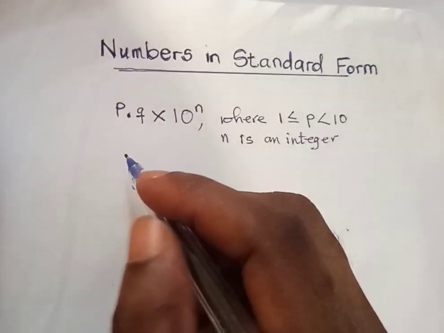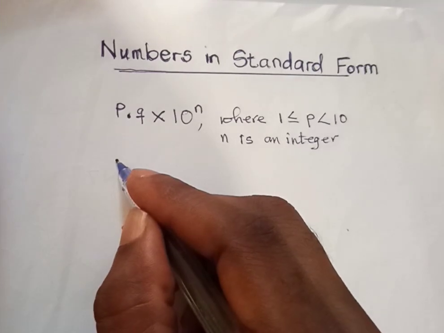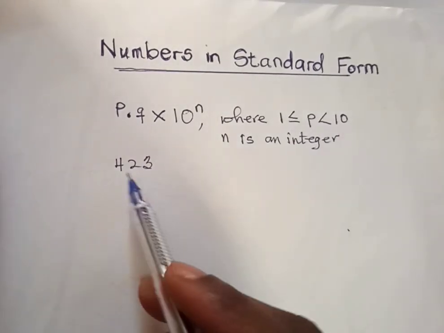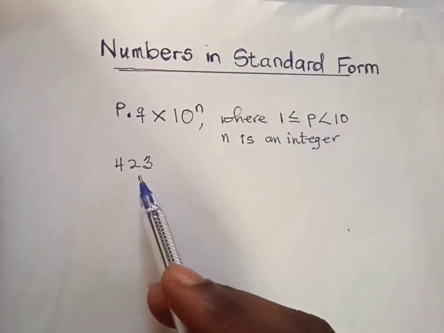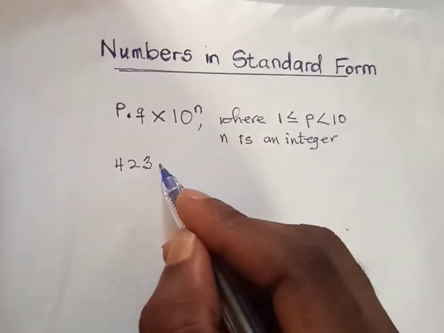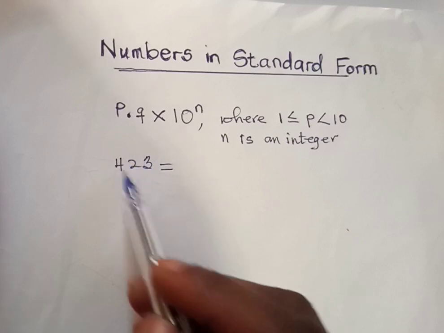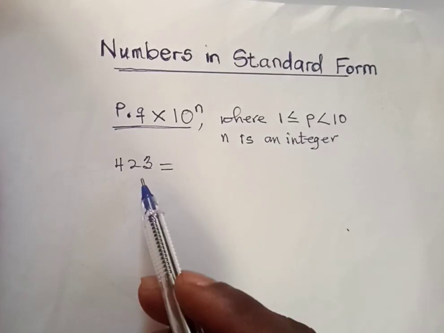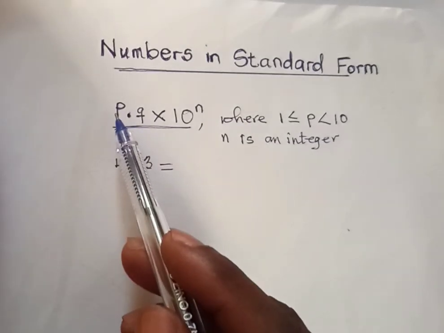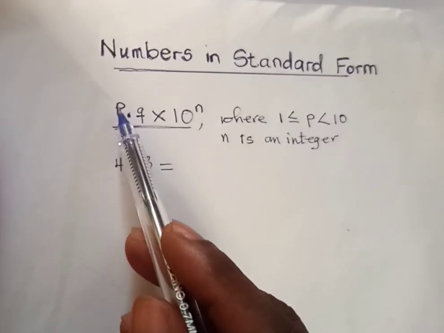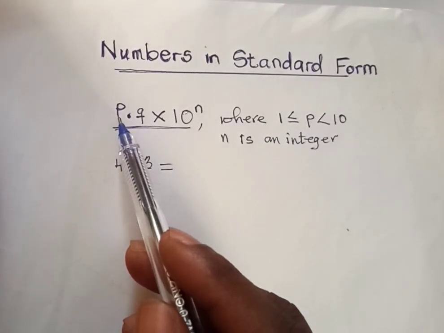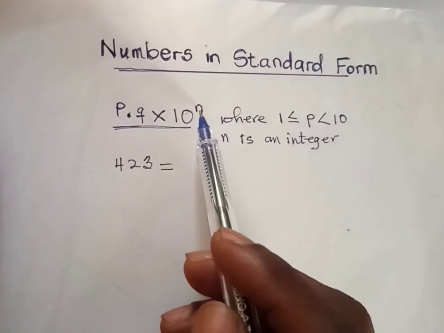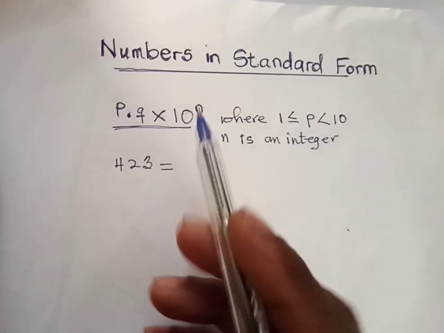Let's take an example. For instance, if I give you this number, let's say we have 423. If I ask you to express this in scientific notation or standard form, this is how you write it. So it means that we are going to express this in this form. What we do is we make sure there's a number which represents the p, a number representing q, and also a number representing n.